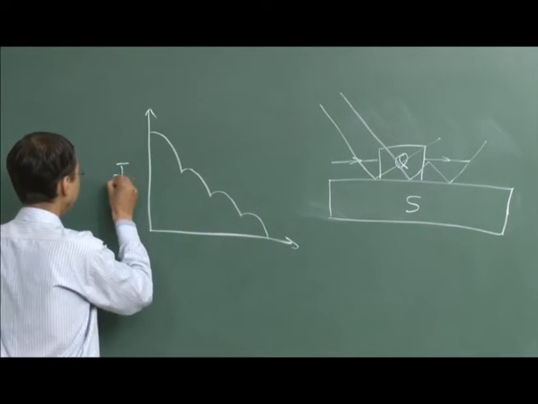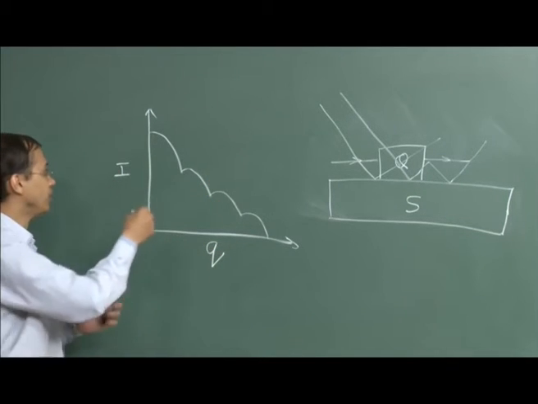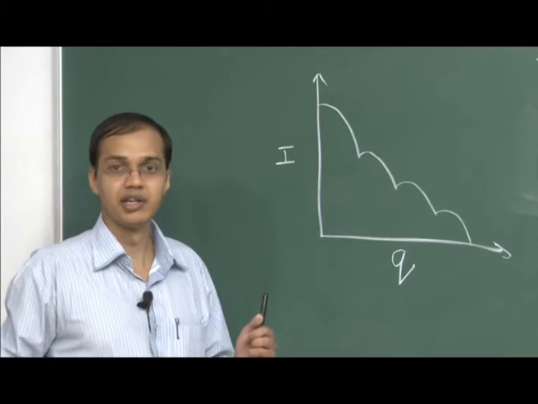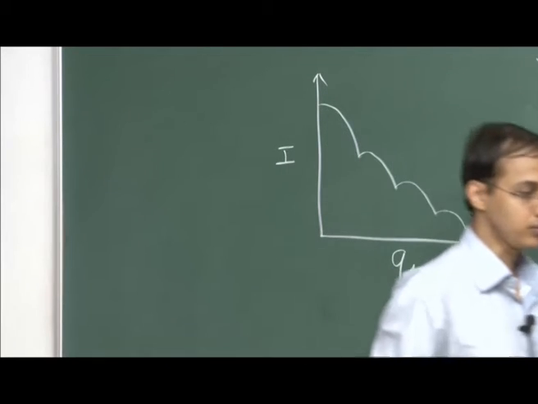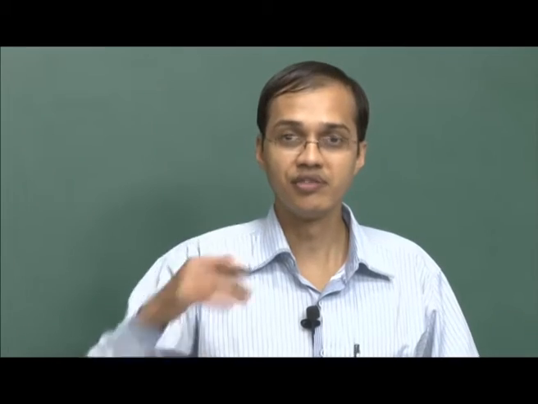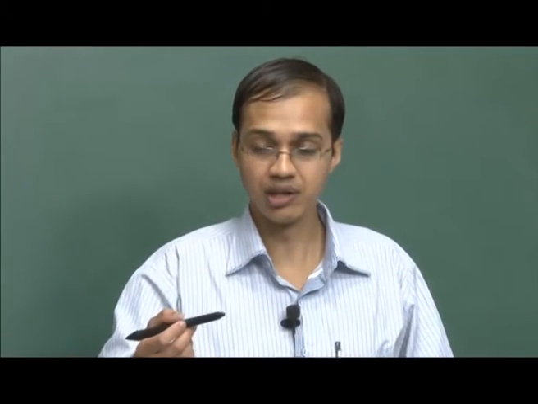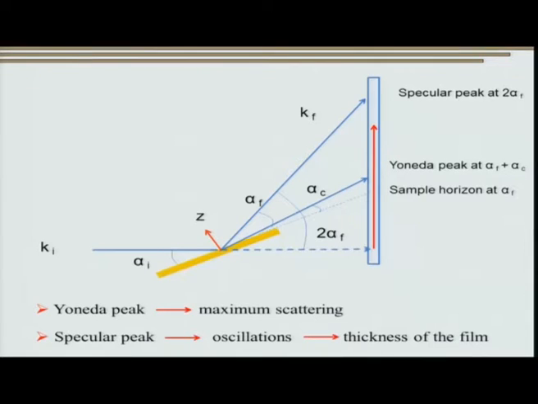This was I versus Q, and this was correlated with the size of the particle in our small angle X-ray scattering. Similarly, we can use the specular peak to measure something like the period, if you have a thin film, like what is the thickness of the individual film. So, that information can be obtained using a specular peak.